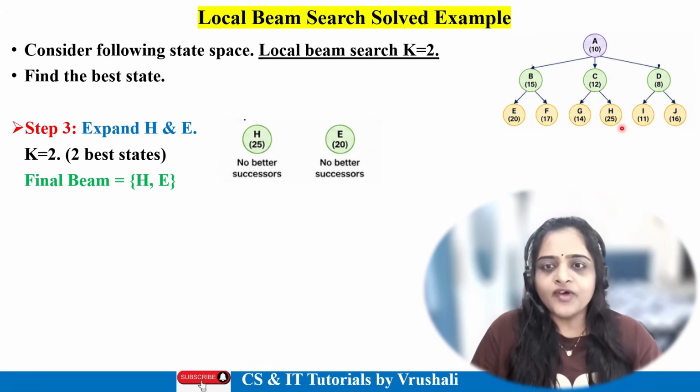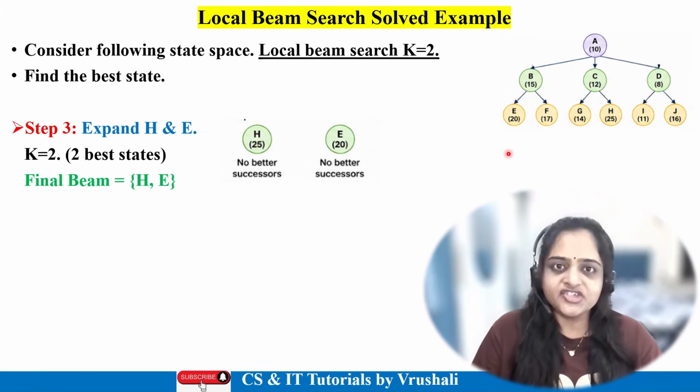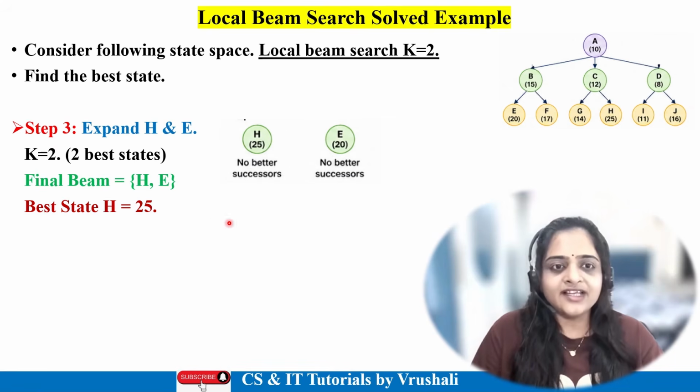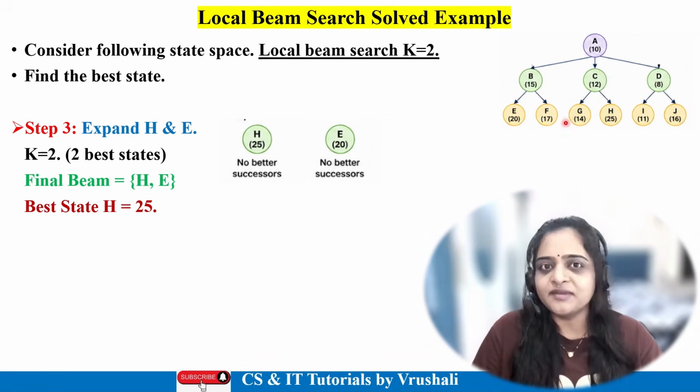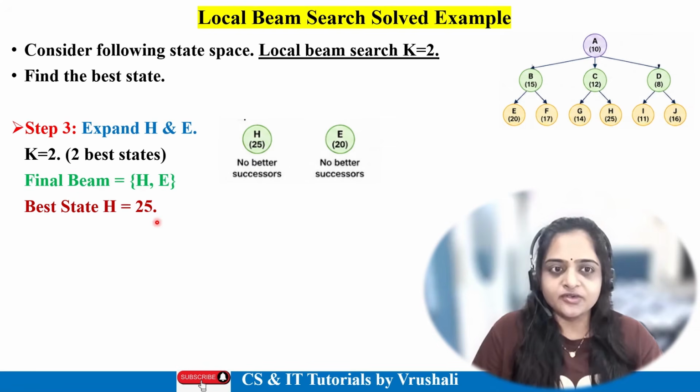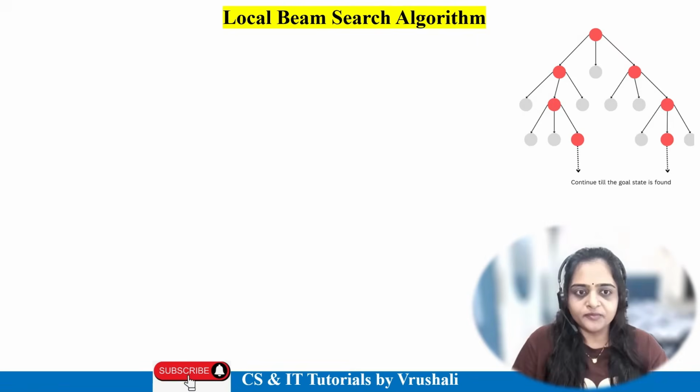So you have to find the best one from H and E. The final beam is H and E. The value of H is 25 and the value of E is 20. Which one has the highest value? That is 25. So the best state is H equal to 25.